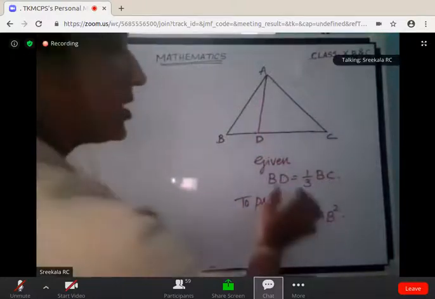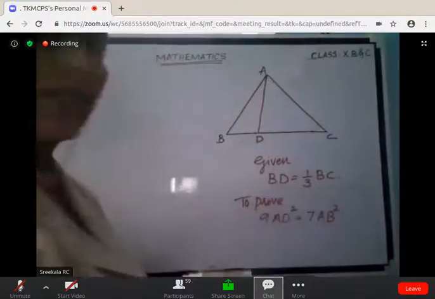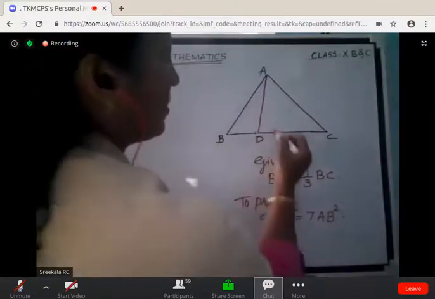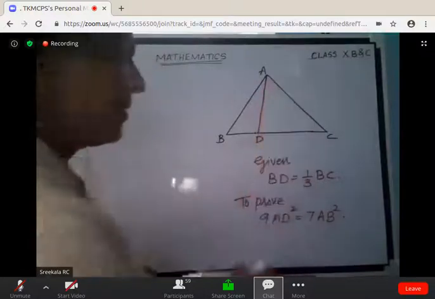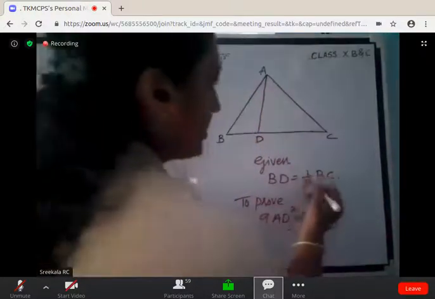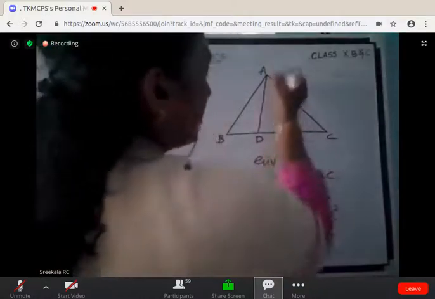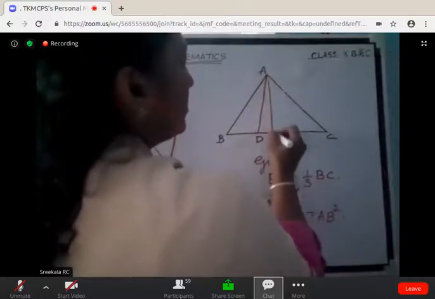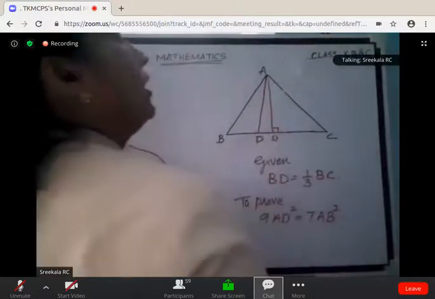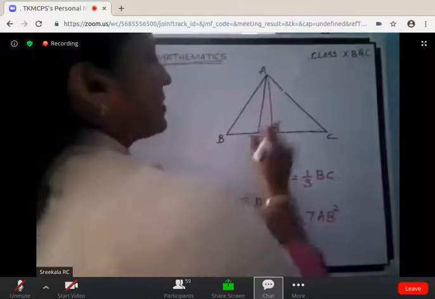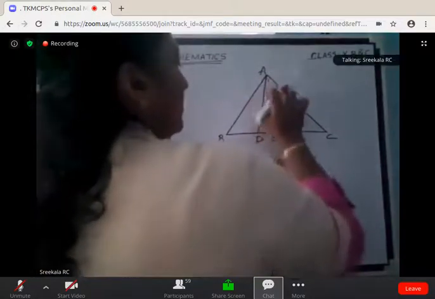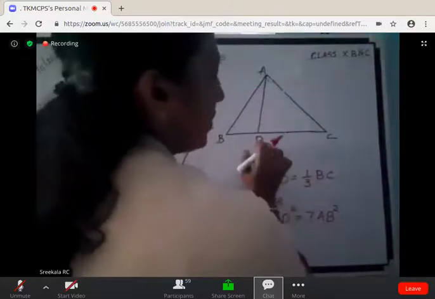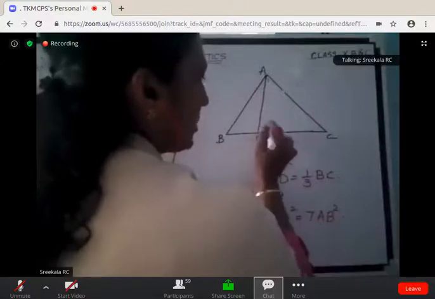Why? In this question it is given that BD is equal to 1/3 BC. If it is in the midpoint, then only we can draw this perpendicular. That's why I drew like this, BD equal to 1/2 BC. If it is the midpoint, median and altitude are the same. Then we can say that this one is the altitude and this one is the median. But it is given that BD equal to 1/3 BC, so D is not a midpoint. That is very important.